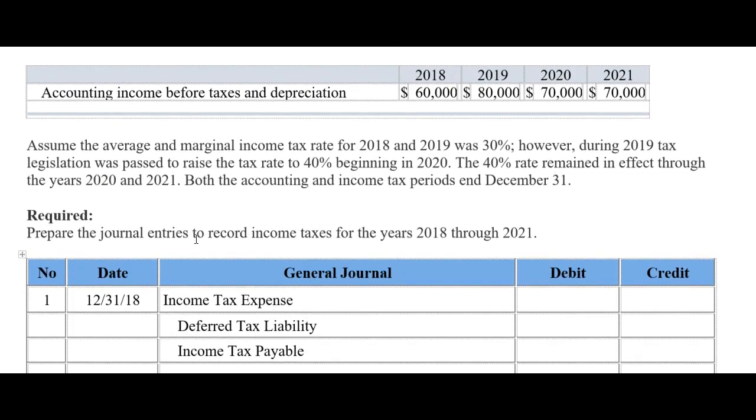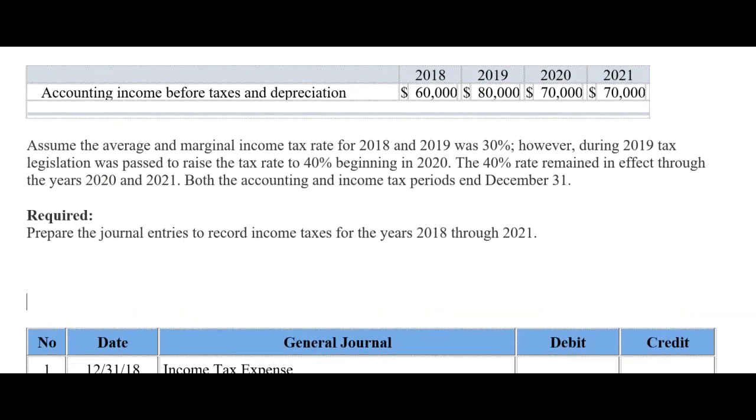So let's create a little bit of space here so that we can do that. The first thing we're going to do is find taxable income. We're going to take the pre-tax income before depreciation, which is the $60,000. Remember, that does not include depreciation. So we can take that minus the $39,600. Why do we not take the difference?